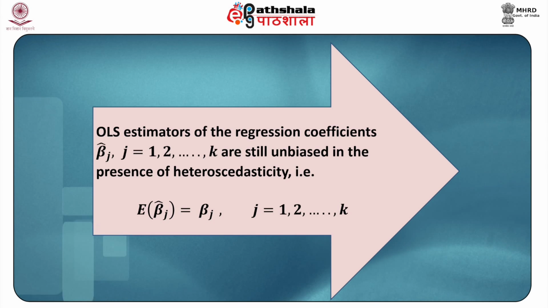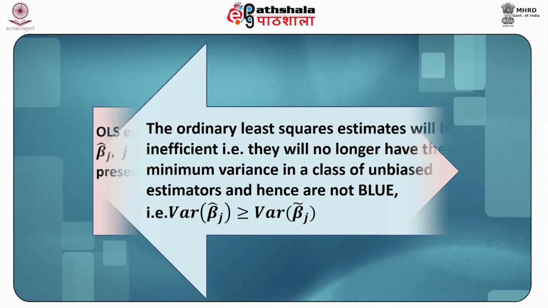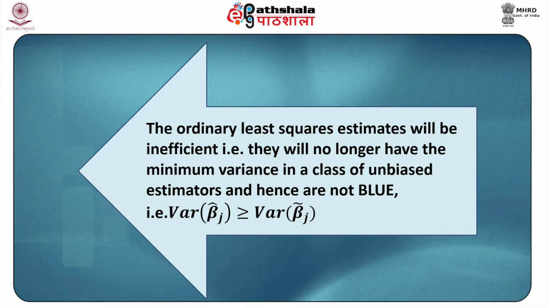That is, expected value of beta j hat is equal to beta j, where j is equal to 1 to k. The second point we want to make is that the ordinary least squares estimates will be inefficient.